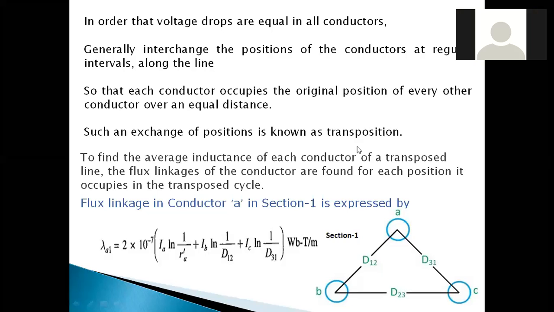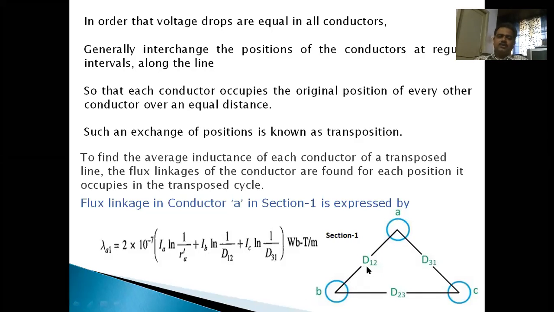Yes, sir. I wrote the equation because if we are able to understand this equation first, we can write any equation for any configuration. So here it is IA into ln 1 by RA dash plus IB, due to the current passing through the second conductor, where the distance between these two is D12. What I am calculating is the flux linkages in this conductor due to the current passing through this conductor.